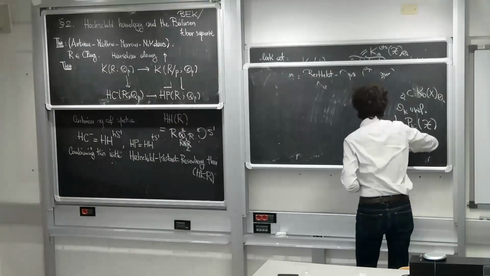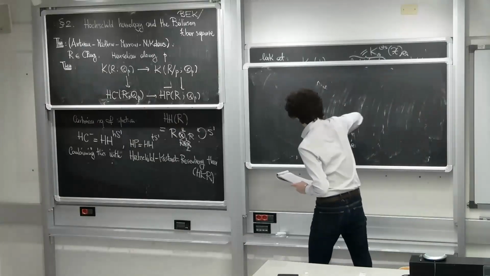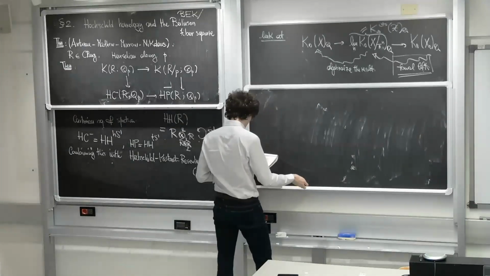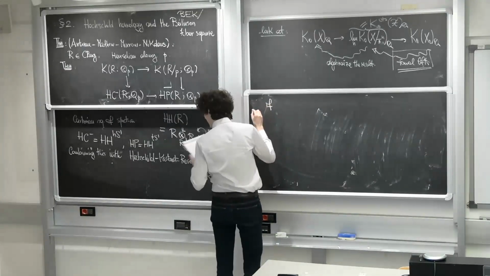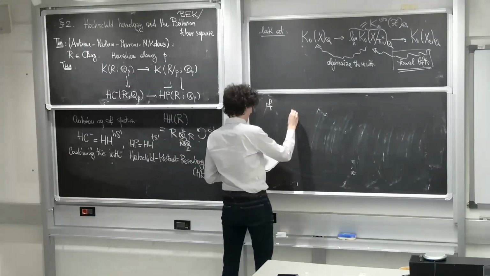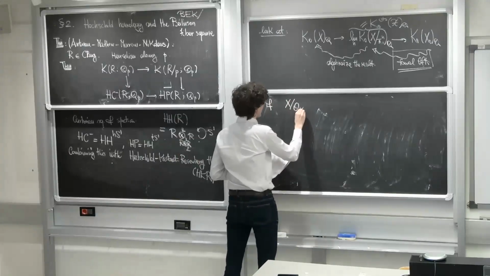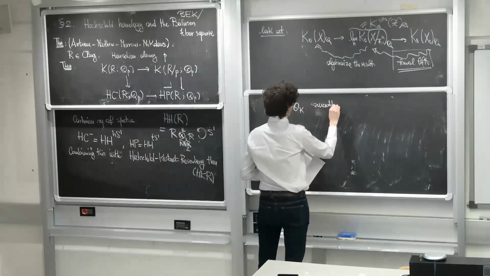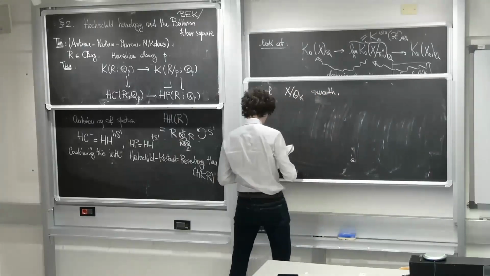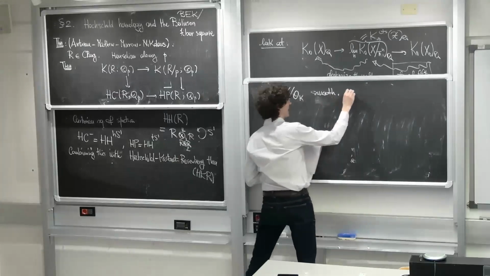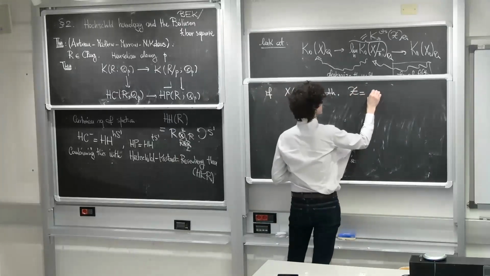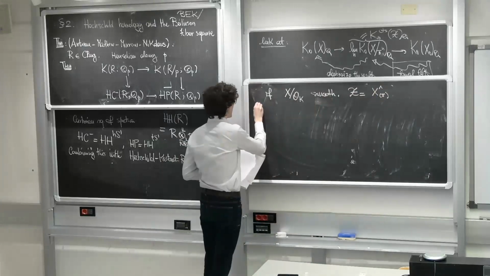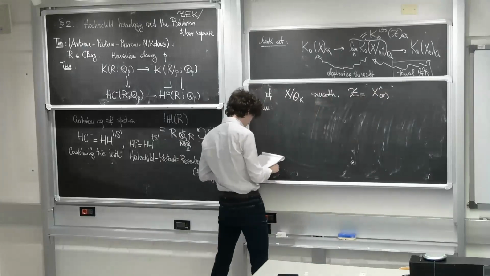So, if you do this, then you get, let me write down the statement. If X over O_K, my p-adic family, is smooth, and maybe X is again the completion of a scheme, then you have the following two effects.